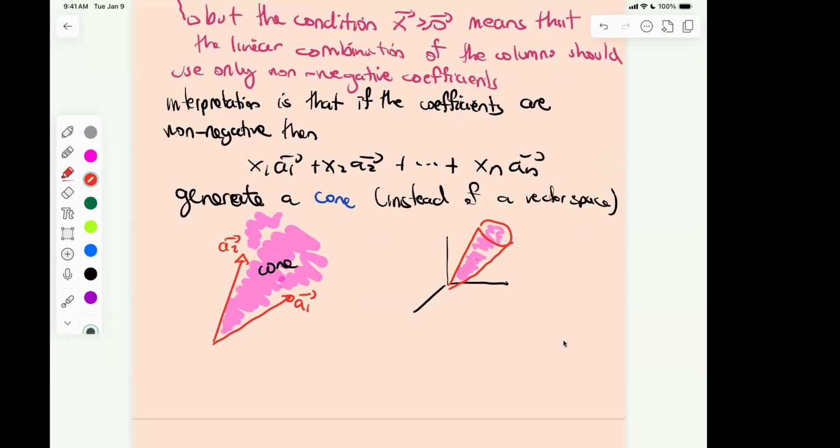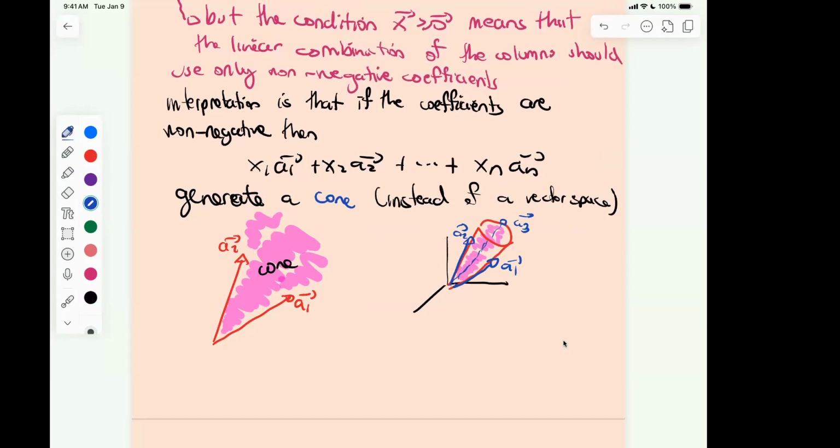Maybe here you have a vector a1 and another vector a2 here, and maybe a third vector somewhere in there to generate the cone. The point I want to emphasize is that it's not a vector space, it's a cone.